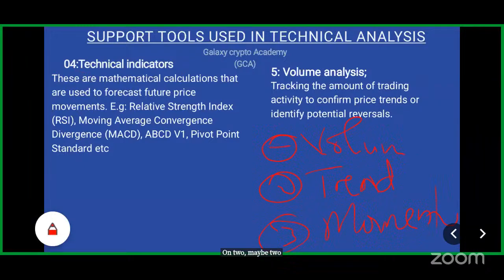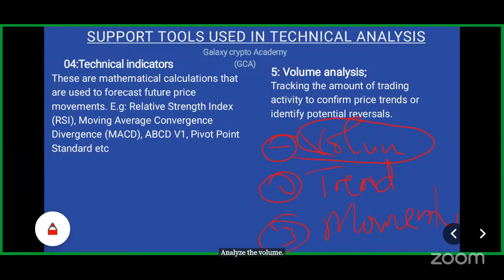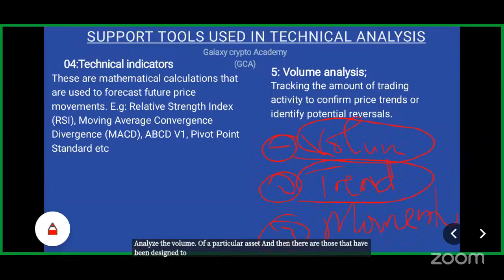Okay. So when you talk about volume or trend or momentum indicators, we simply mean that there are specific indicators that have been designed to help us analyze the volume of a particular asset. And then there are those that have been designed to help us identify the trend of the market.